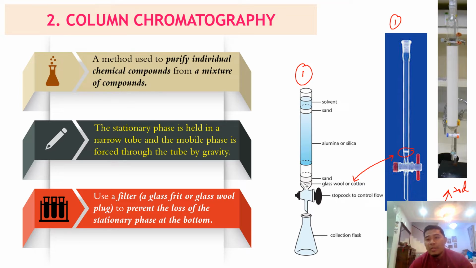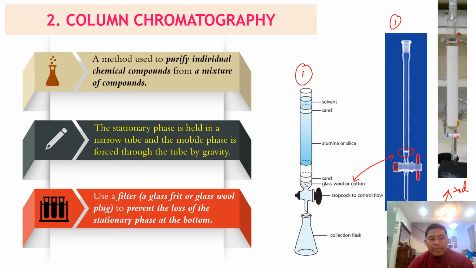You add the mobile phase on top of the column. Same with the sample, you need to add a small amount of mobile phase first, then add your sample, then add more mobile phase to make sure the separation will occur.